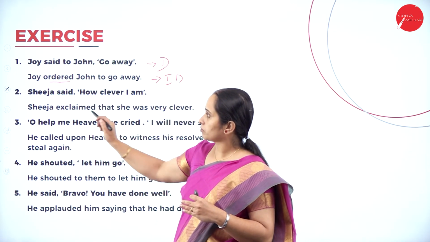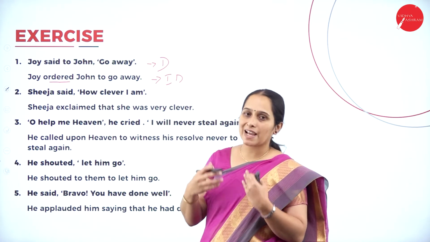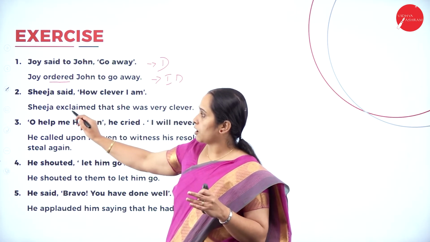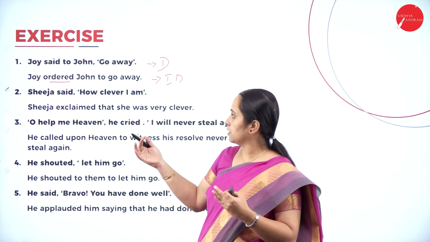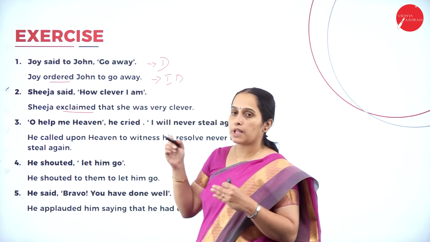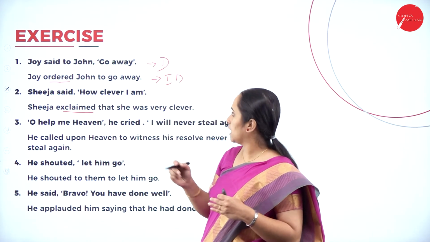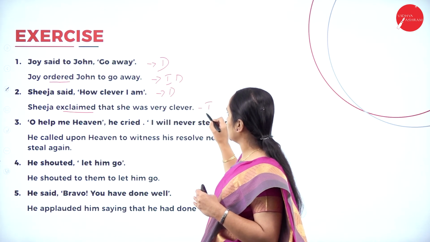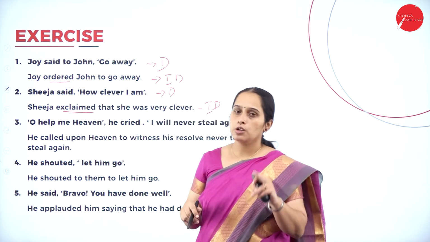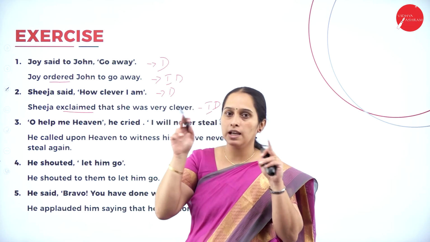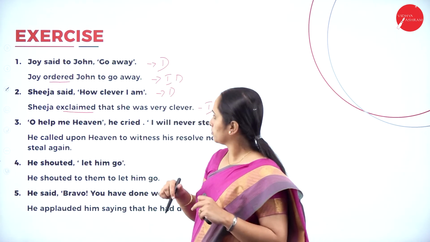Here, Sheija's is an exclamatory sentence, right? So, instead of "Sheija said that," you can add another word, that is, Sheija exclaimed that she was very clever. So this is direct speech and this is indirect speech. Always remember that direct speech should be in inverted commas.